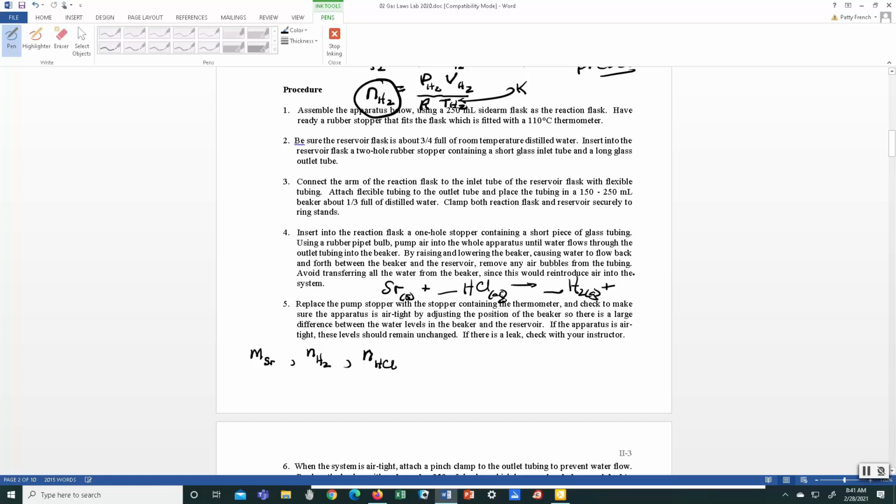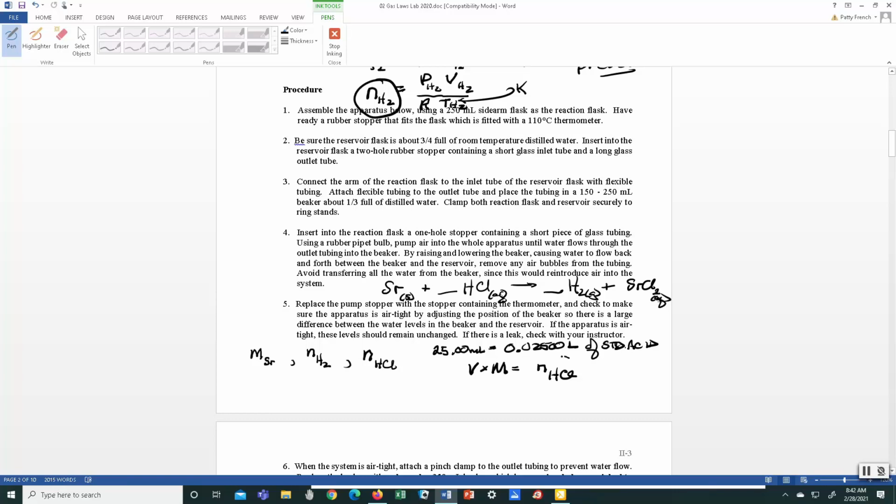So, how are we going to find the moles of the hydrochloric acid? We used 25.00 milliliters, or 0.02500 liters of a standardized acid. So we know the liters, and we know the molarity, because it'll be written on the bottle, so that'll give us the number of moles of hydrochloric acid.